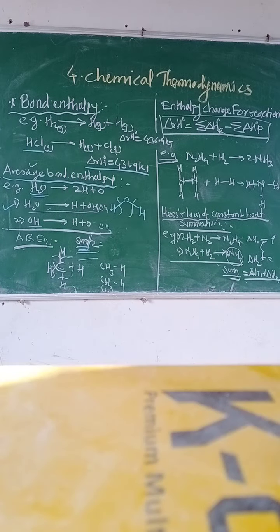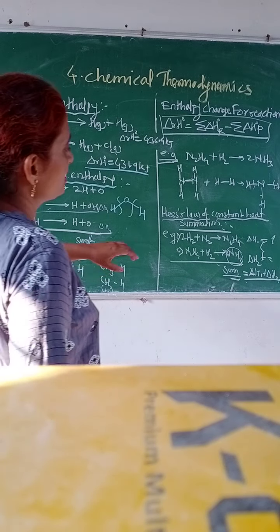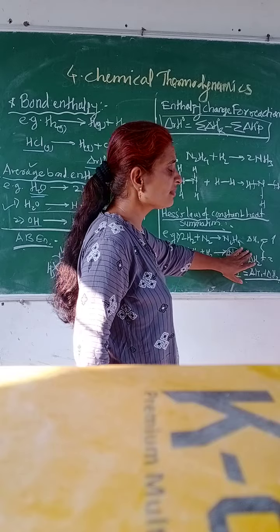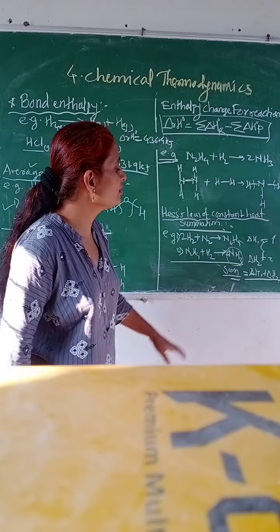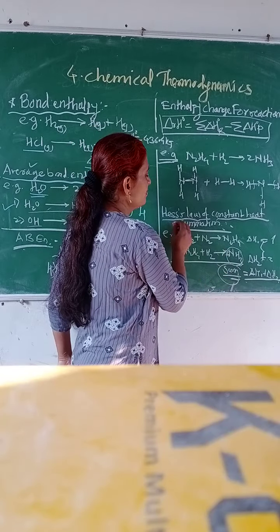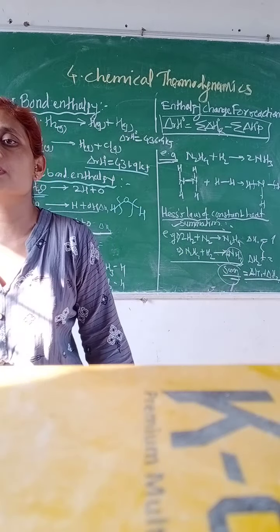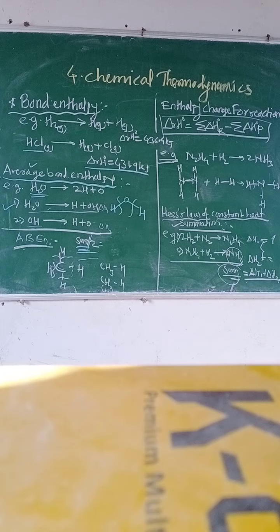According to Hess's law of constant heat summation, the overall enthalpy change for a reaction is equal to the sum of the enthalpy changes of its individual steps. The enthalpy change in each step adds up to the overall reaction enthalpy change. You have to calculate the sum, the addition of delta H1, H2, H3.